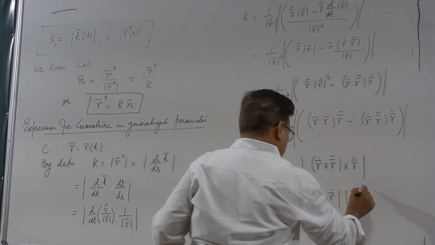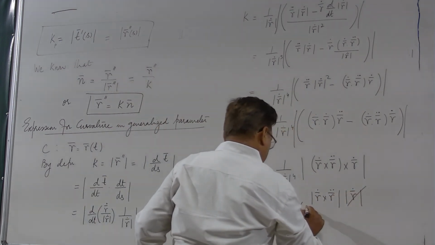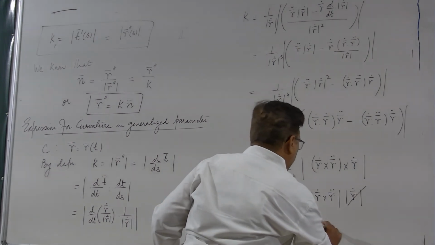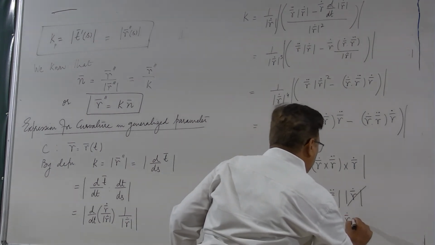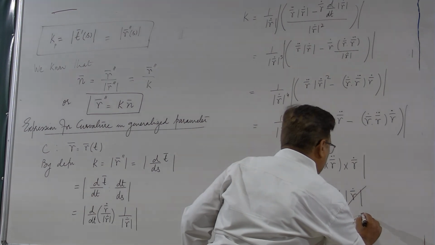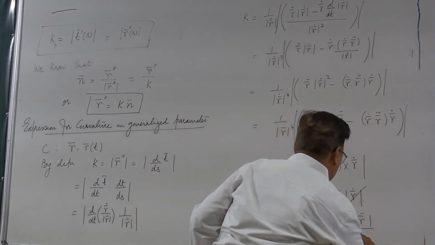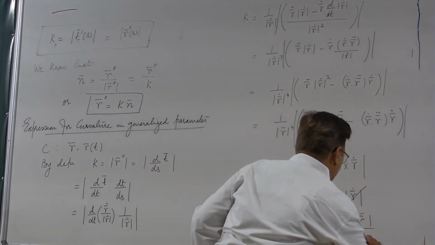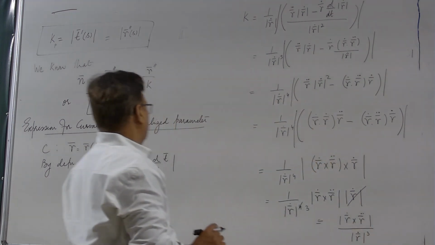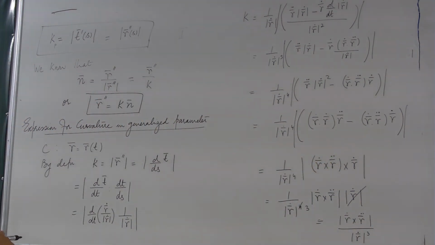One power is cancelled out and you get mod of r dot cross r double dot upon mod r dot cube. So, you get the expression for curvature in a generalized parameter.